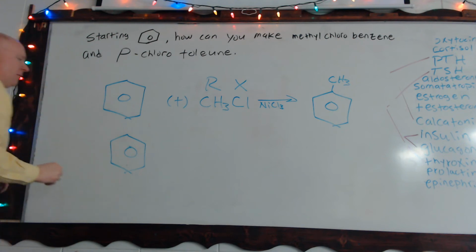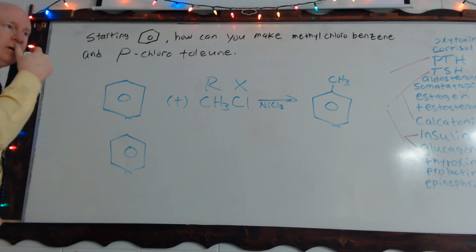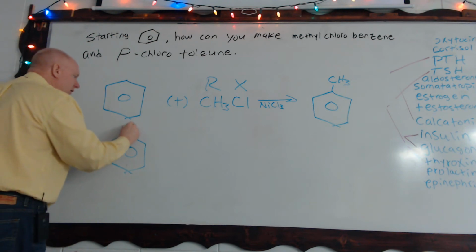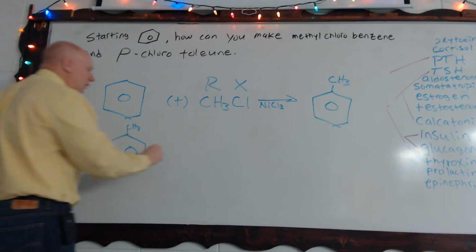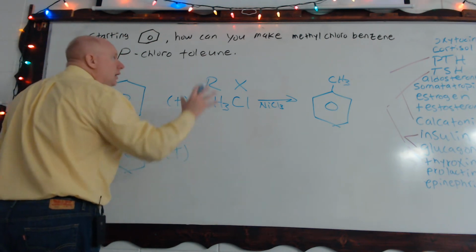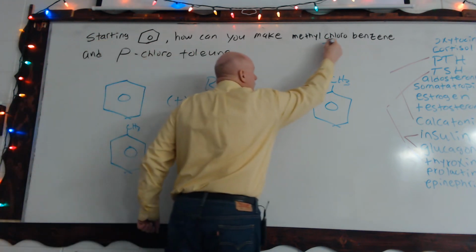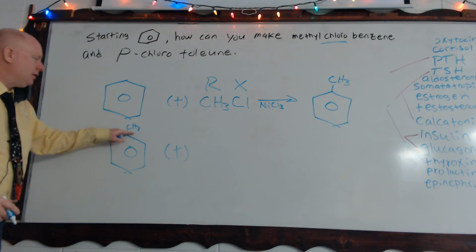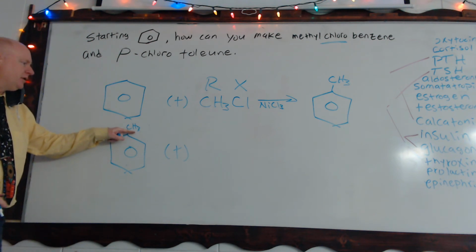And this is probably about 7 o'clock on your charts, if I remember right. So here's our toluene. So we need to get that chloro group back onto there, and we need to attach it onto here. So we've got to do something very specific.